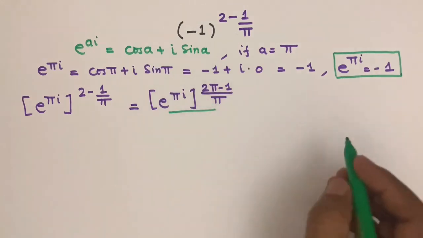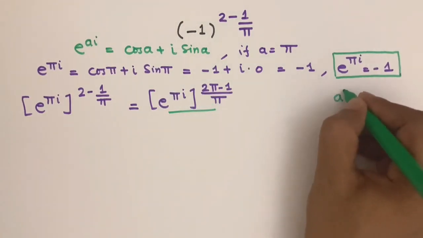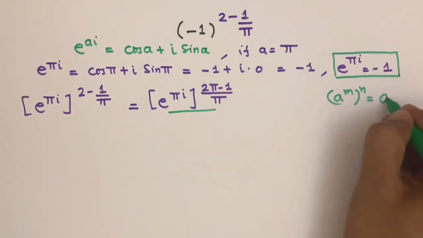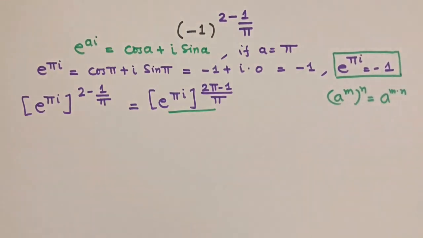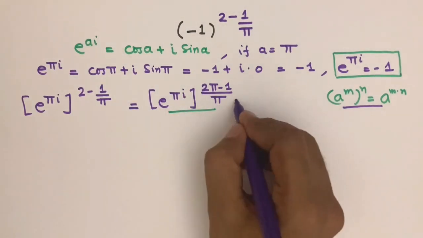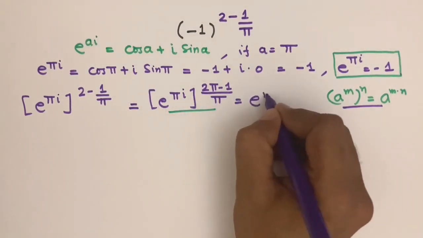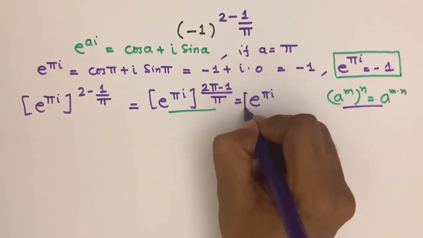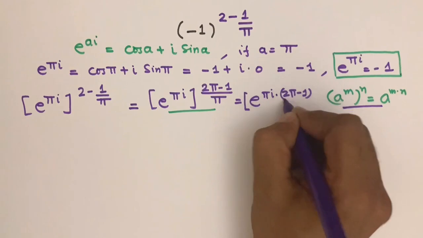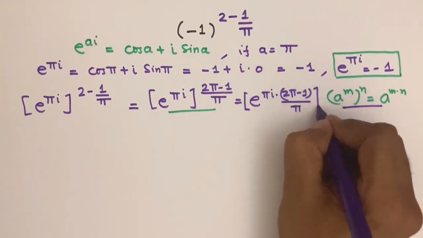As this term is in the form of (e to the power m) to the power n, it is equal to e to the power m multiplied by n. So by using this rule, this term can be simplified to e to the power pi i multiplied by (2 pi minus 1) divided by pi.